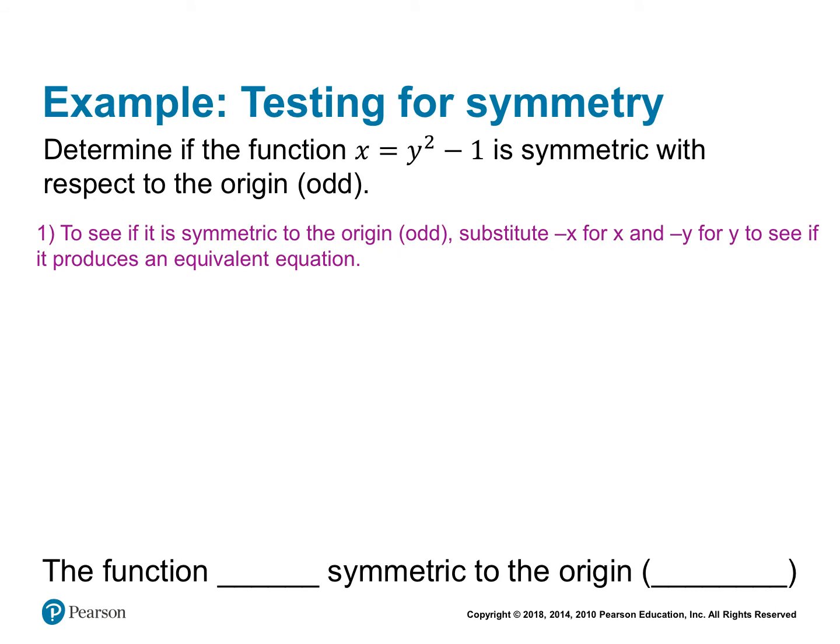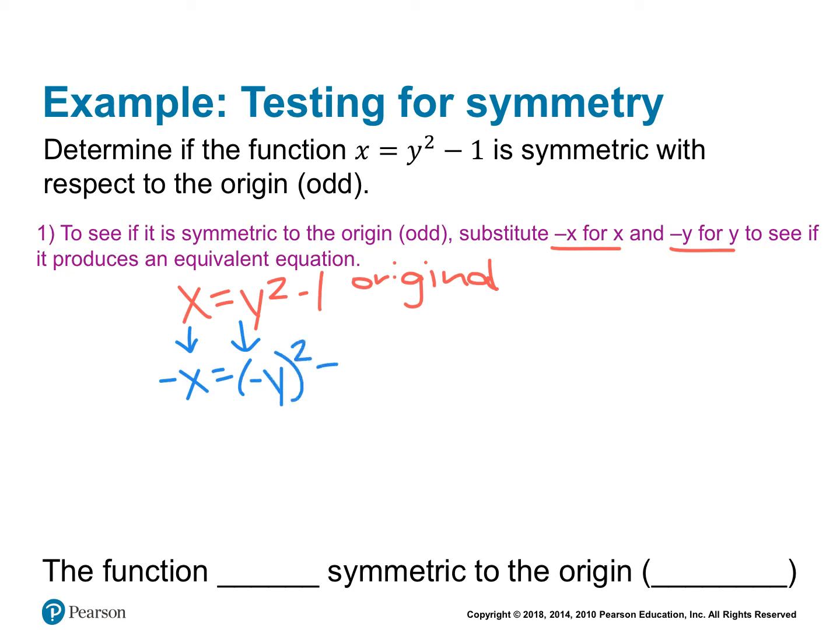Okay, now to see if it is odd. To see if it's odd, you're going to substitute negative x for x and negative y for y to see if it produces an equivalent equation to the original. So I'll write the original down, so we can keep track since we have to do a couple substitutions on this one. I'm going to substitute negative x for x and negative y for y and see if I get the original equation back. So this is still negative x.